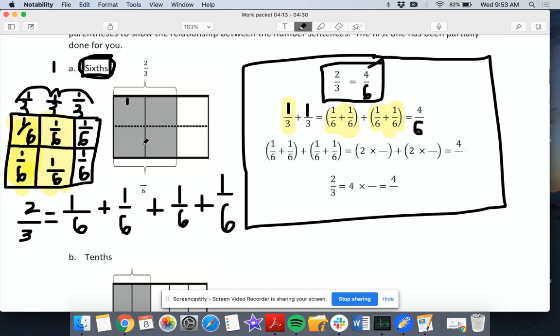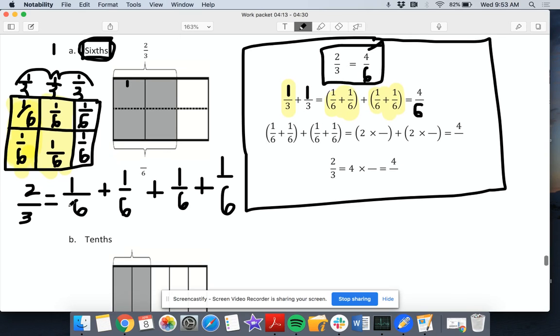Let's look over here again. How can we write this into a multiplication sentence? Okay, we can write this into a multiplication sentence by, for one, saying 2/3 is equal to 4 times our unit fraction, which is 1/6, right?